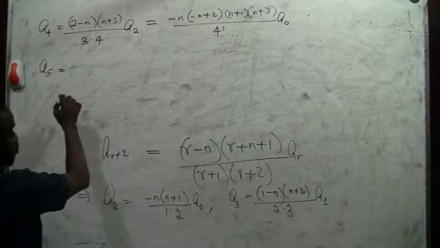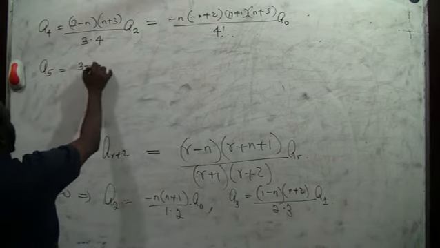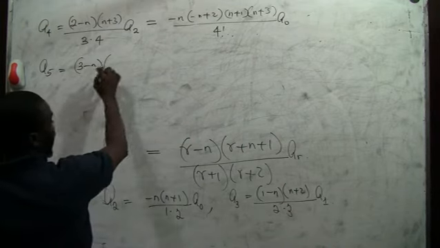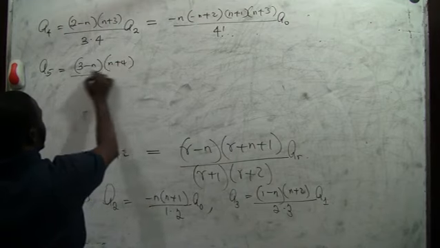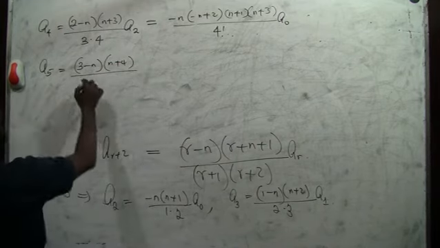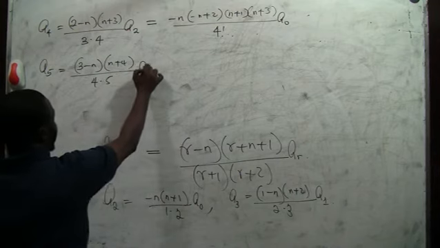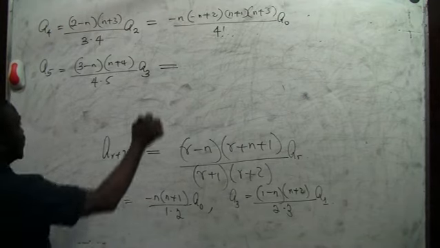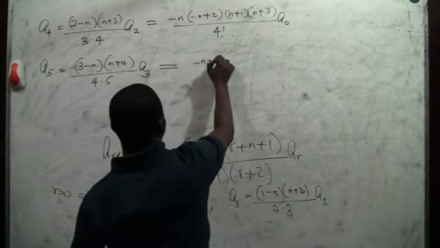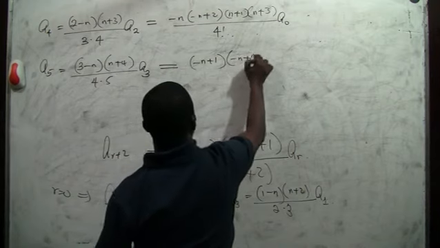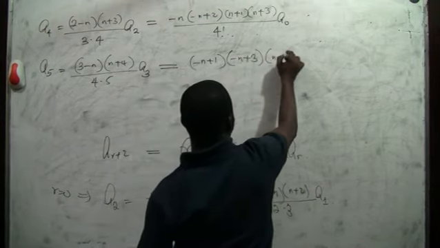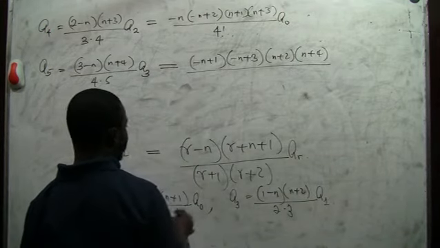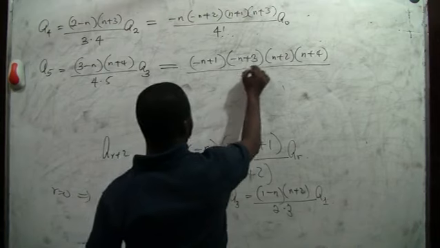We're going to have 3 minus n into n plus 4 divided by 4 multiplied by 5 a3, and there's a value for a3. That gives, let's write it as minus n plus 1 minus n plus 3, I have n plus 2 and I have n plus 4, all divided by 5 factorial a1.